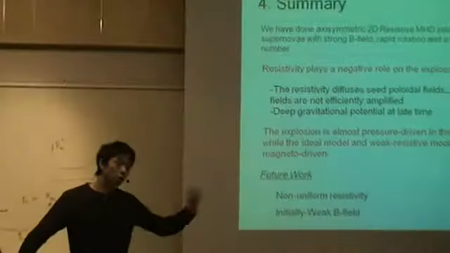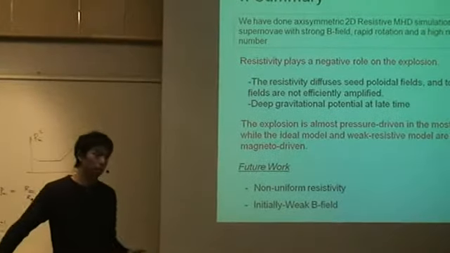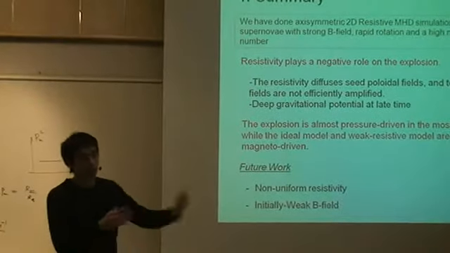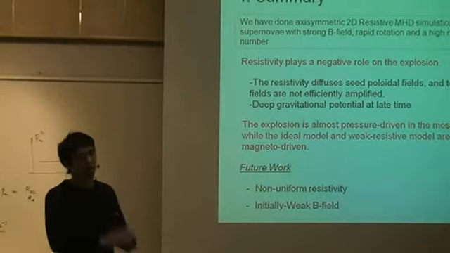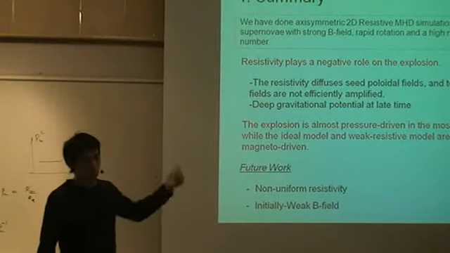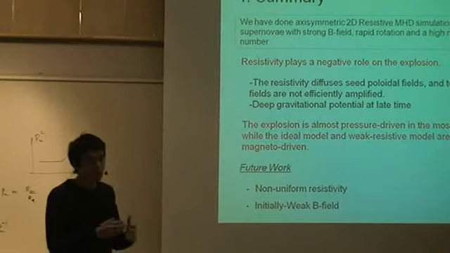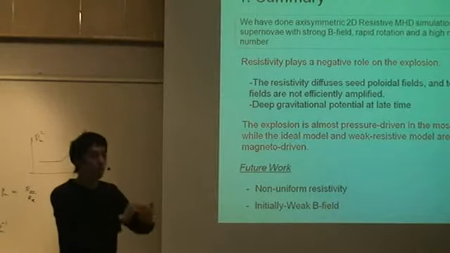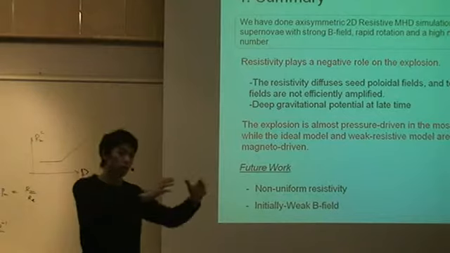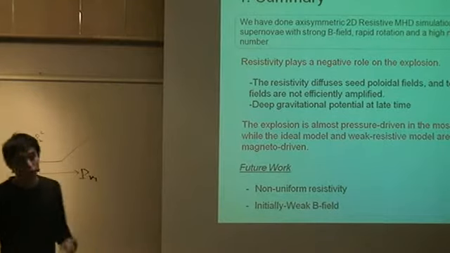Neutrino is important both in cooling and also heating. But as for heating, it's not important because the explosion in my simulation occurs on a much shorter time scale than neutrino heating.